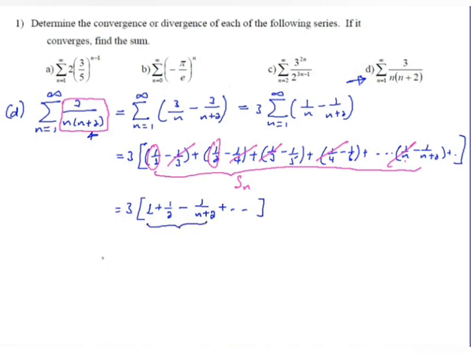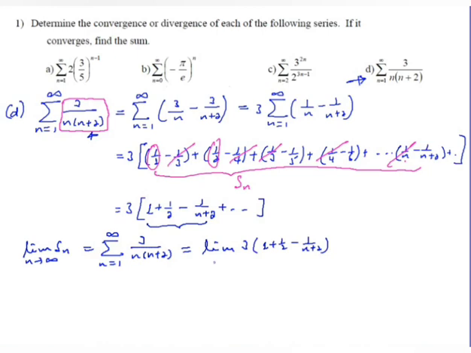Since the series is infinite, this is the partial sum. Okay, so we know that the limit of Sn as n approaches infinity is the same as the infinite series. We know the infinite series is the same as the limit of the partial sum. So the equivalent is the limit of 3 times 1 plus 1 over 2 minus 1 over n plus 2 as n approaches infinity.